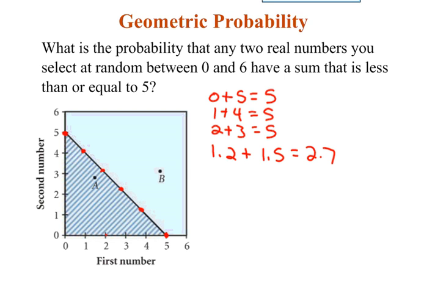Now the reason this is shaded below our line is because all the numbers below this line would have a sum that was less than 5, and all the numbers on the line would have a sum that equaled 5.